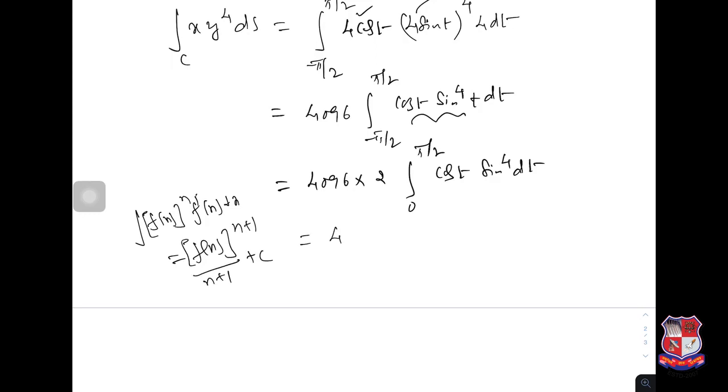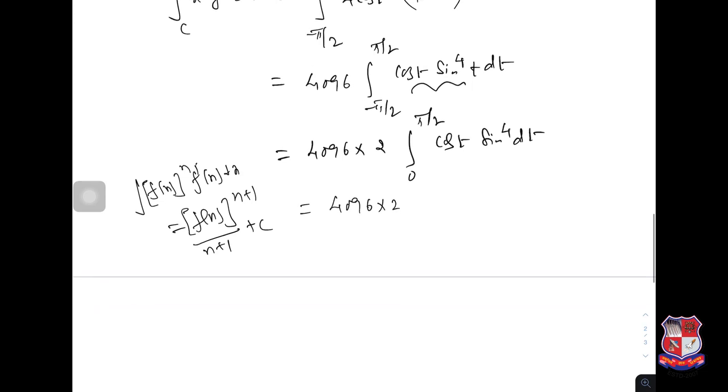So this is 4096 into 2, and the derivative of sine is cosine, so that is sin⁵ t over 5 from 0 to π/2, and you will get the answer as sin π/2 is 1, sin 0 is 0, so 8192 divided by 5.